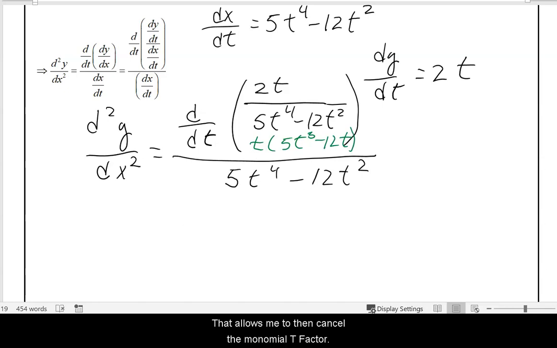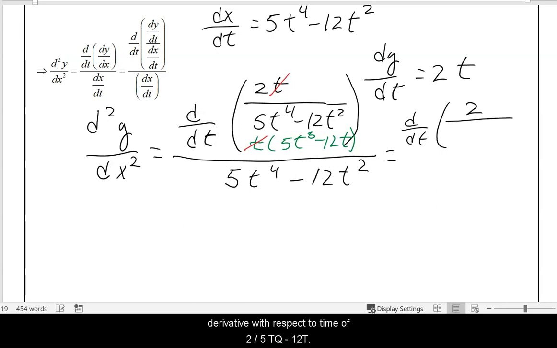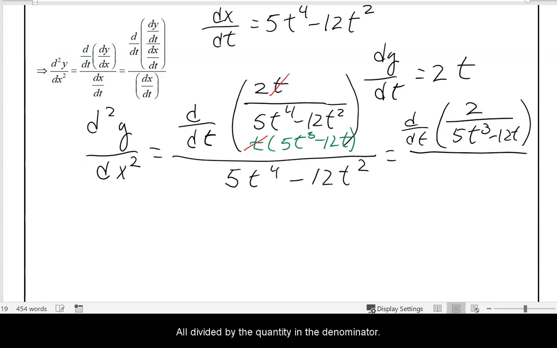That allows me to then cancel the monomial t factors. This will let me rewrite the second derivative as the derivative with respect to time of 2 divided by 5t cubed minus 12t, all divided by the quantity in the denominator, 5t to the fourth minus 12t squared.